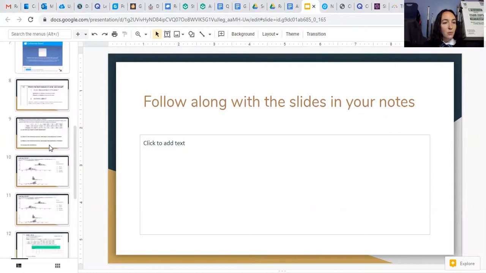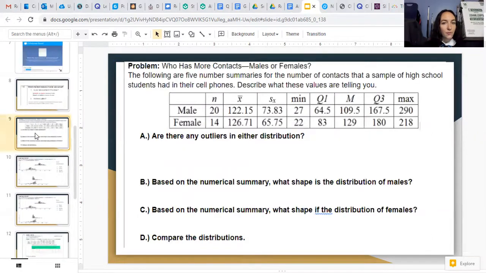There are a couple of things that I wanted to just point out for you. So when you come to this slide of who has more contacts, what you're looking at right now is the sort of information that you could get on a calculator if you plug in a set of data. And we want to notice that N is telling you the number of people in each sample or the number of data points.